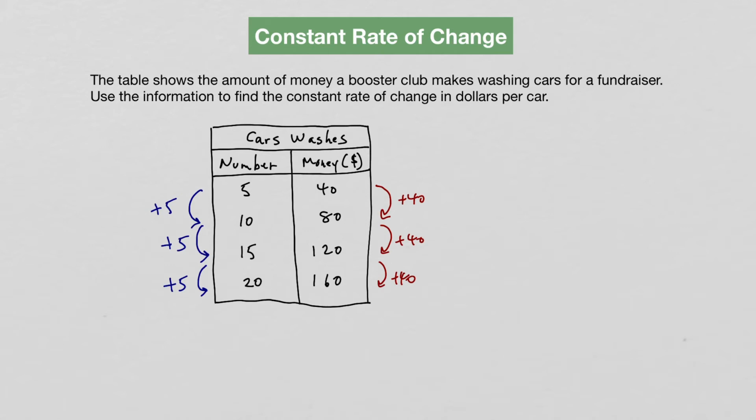Okay, so to find the unit measure or the rate of change in dollars per car, we take the change in money. Okay, so I'm going to write this: change in money, and we're going to divide that by the change in cars.